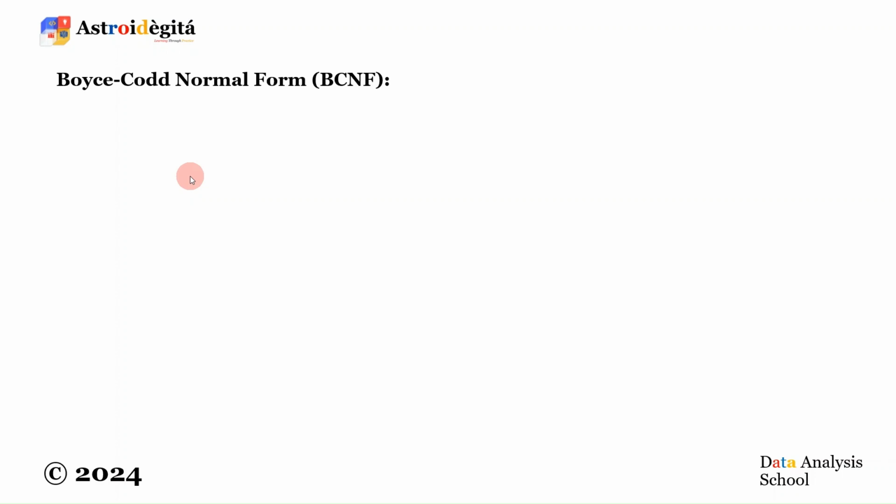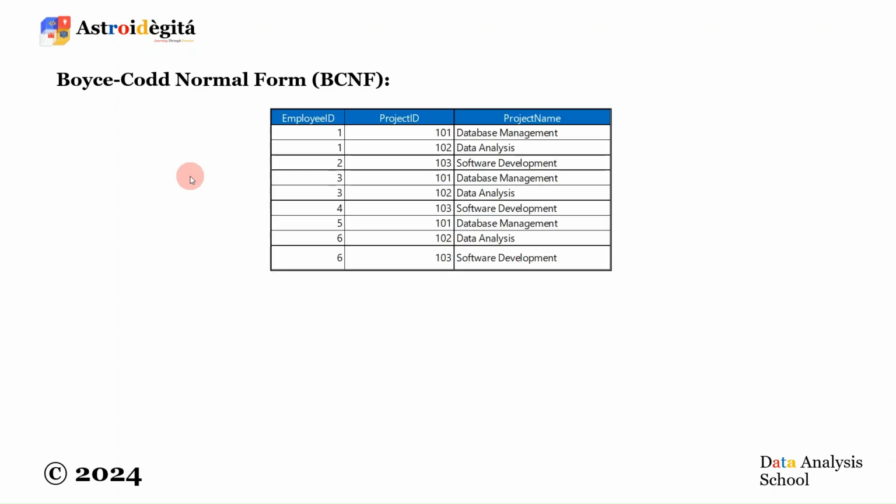A candidate key is a unique identifier for each row. The Boyce-Codd normal form requires that a table have only one candidate key.